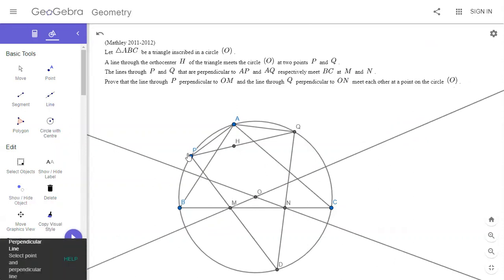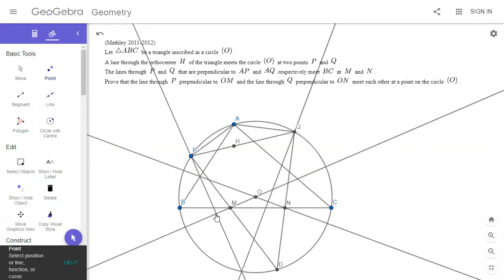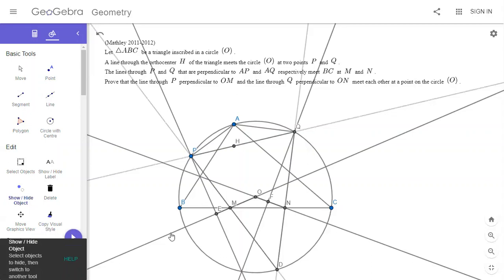Okay, this really looks like Pascal's, right? Okay. So I'll just draw that in, draw that in, hide some stuff.